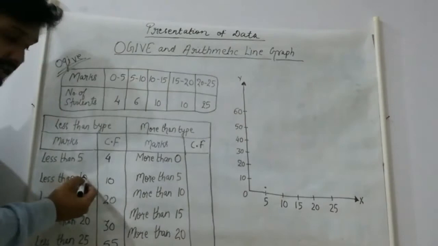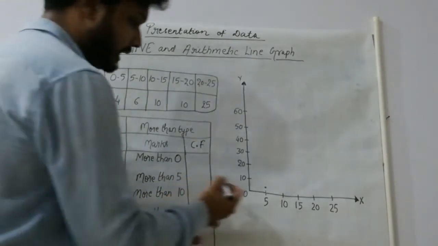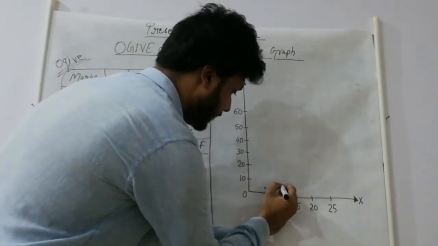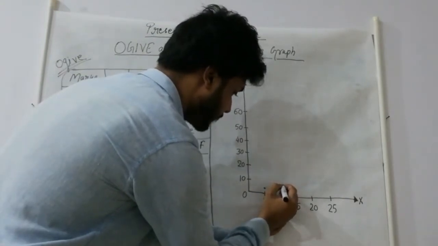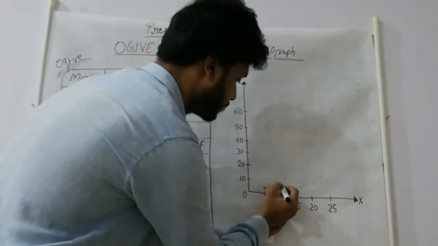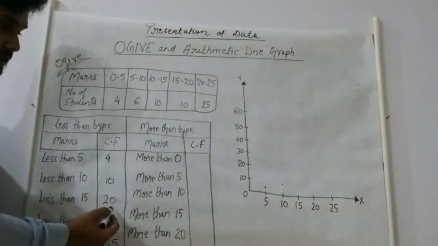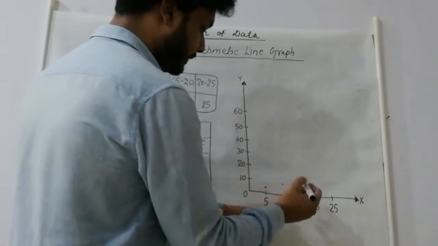Then less than 10, so it is at 10, point it at 10 only. Then next is less than 15, so less than 15 it is 20, so at 20 make a point.